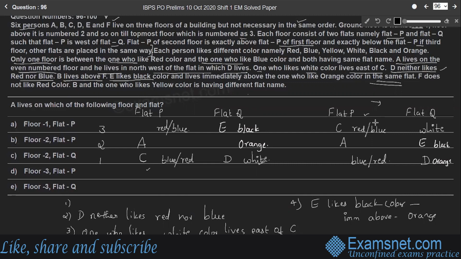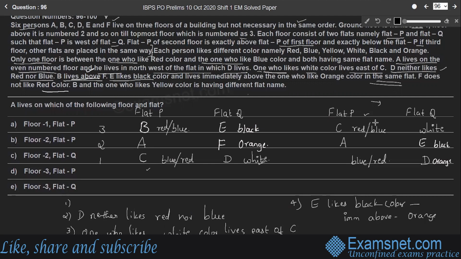And the next point. B lives above F, this point. B lives above F, and it is given that F does not like red color. So if we consider B here on third floor above F, so that means here, right?